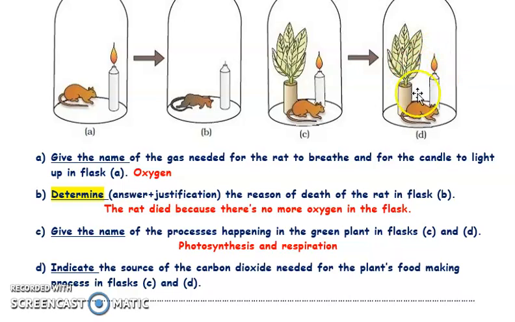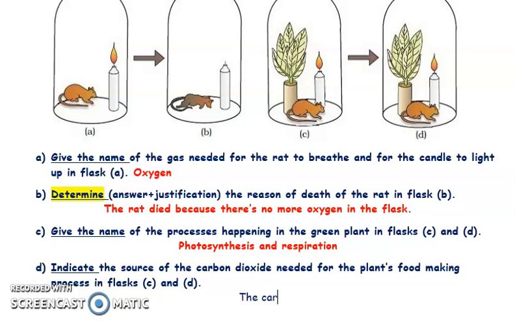The carbon dioxide released by the candle and the rat is used by the plant to make photosynthesis. By photosynthesis, plants release oxygen, as oxygen is used by the candle and the rat. So the mouse and the candle are helping the plant to go through photosynthesis. This photosynthesis process gives the candle and the rat the oxygen needed for them to burn and to breathe.